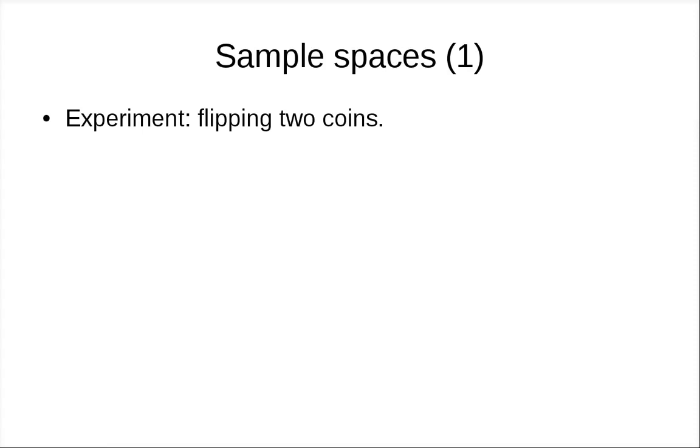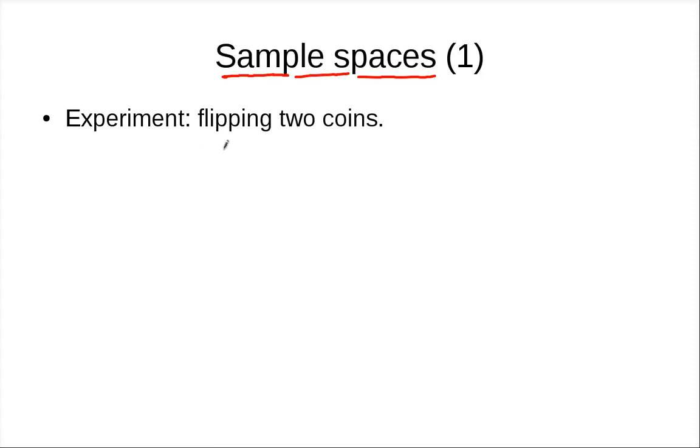When we talk about probability theory, we usually have a random experiment, and from this random experiment we get an outcome. An outcome is a member of the sample space. The sample space is the set of all possible outcomes.